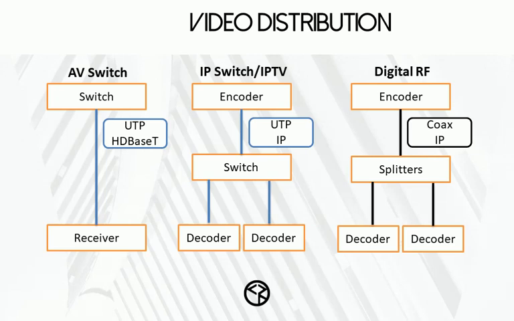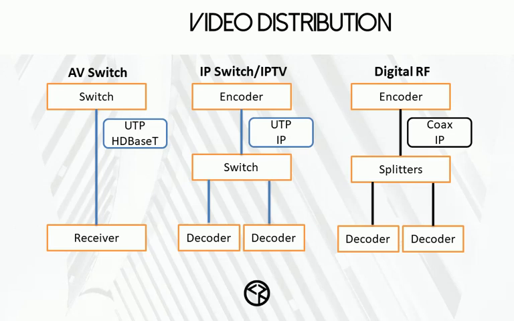An IP switch system, IPTV, changes the architecture, and we have encoders to begin with, and they'll be feeding in a switch somewhere in the middle of the system, and then that switch will then patch to decoders.